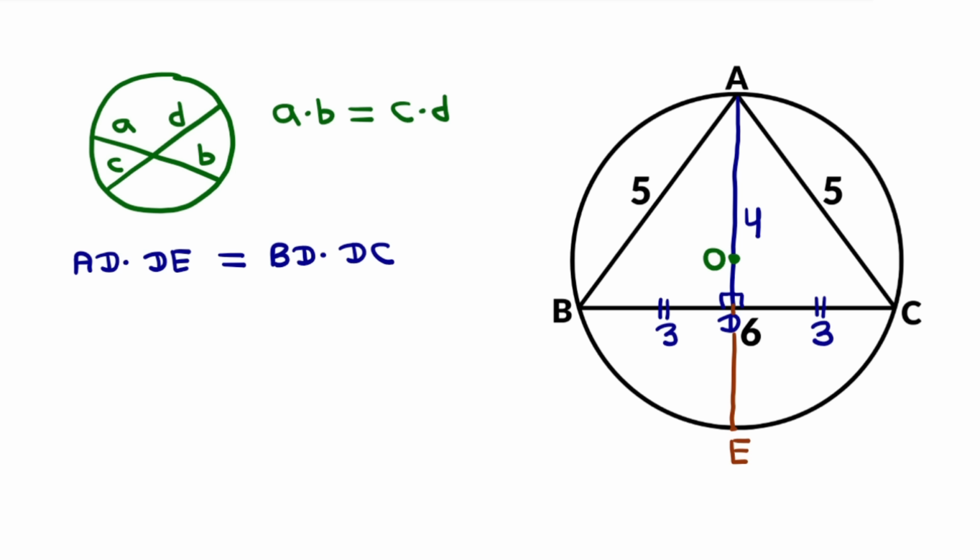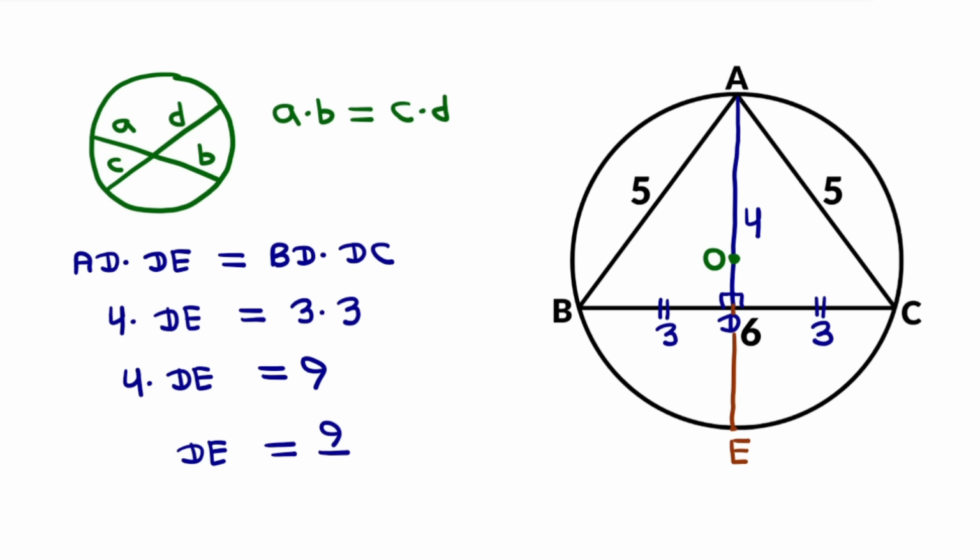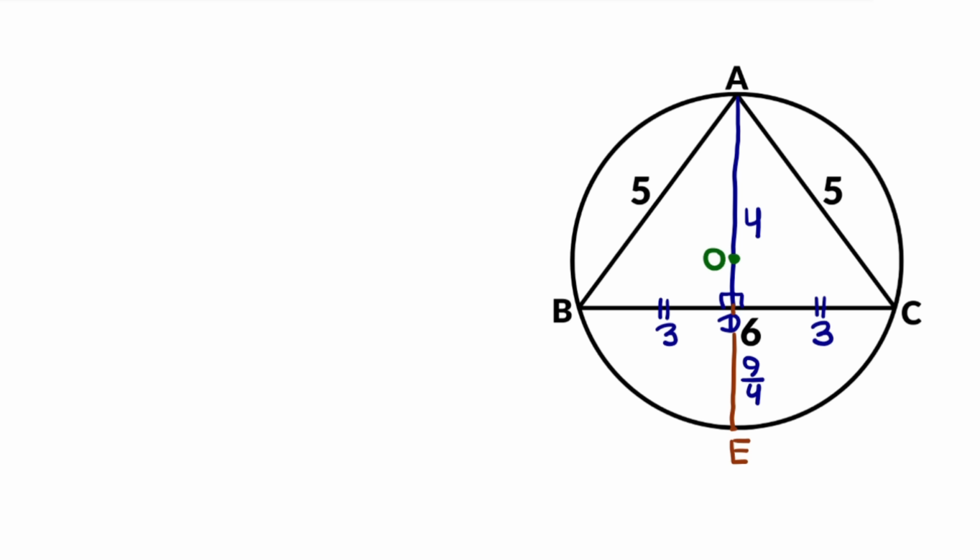Substituting the values we know, 4 multiplied by DE equals 3 multiplied by 3, which means 4 times DE equals 9. Divide both sides by 4, and we get DE equals 9 over 4. Now we can find the entire diameter.